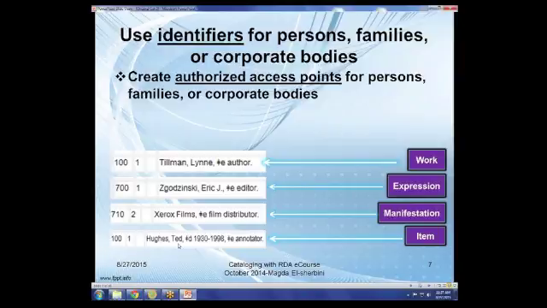And in that case, it is considered proper under RDA rules for Martin Gardner's name as the annotator to appear in the 100 field, and for Lewis Carroll to appear then in the 700 field.